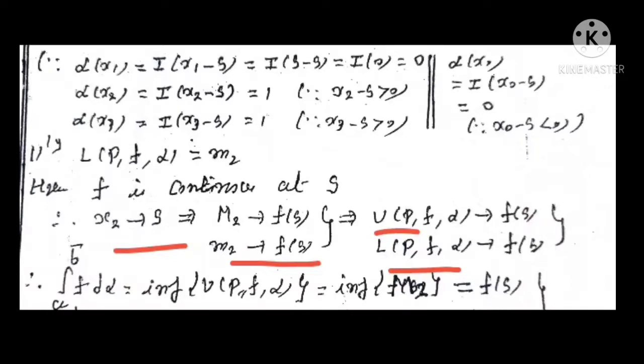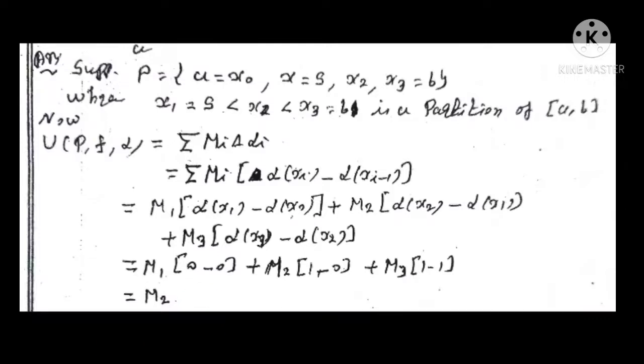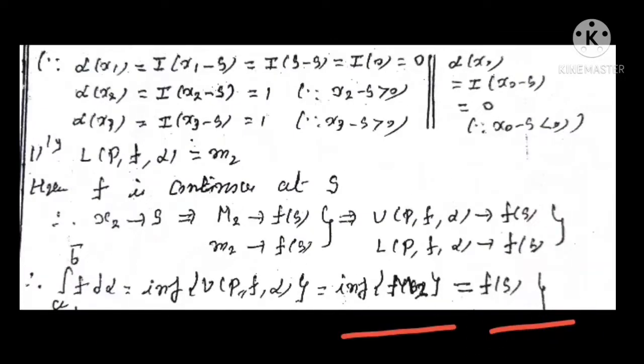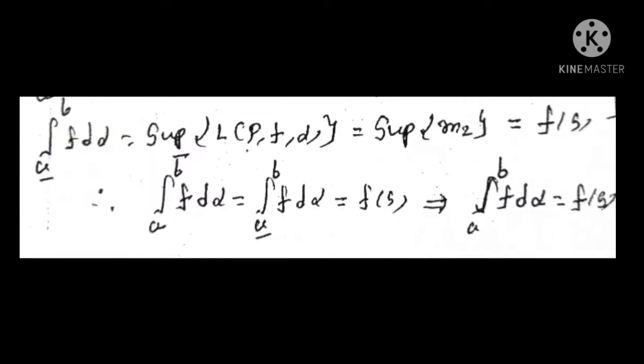Now upper integral is equal to infimum of upper sum of f with respect to P and alpha on closed interval [a, b] is equal to infimum of M2 is equal to f of s, and lower integral is equal to supremum of lower sum of f with respect to P and alpha on closed interval [a, b] is equal to supremum of m2 is equal to f of s.